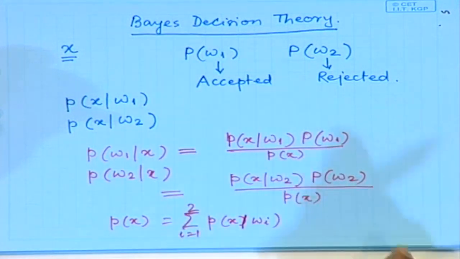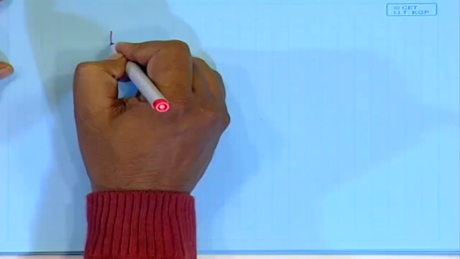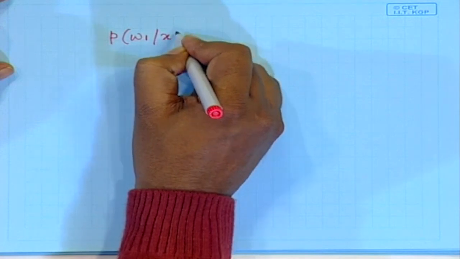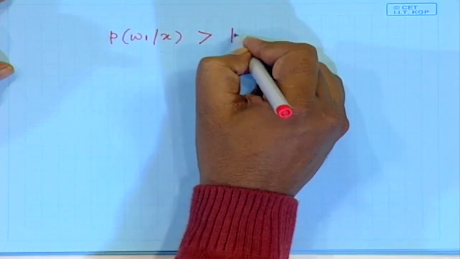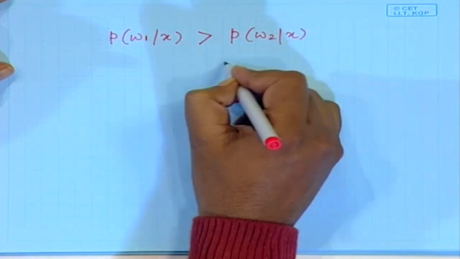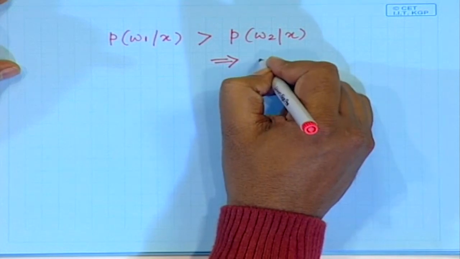So, this is what we get from Bayes rule, and then our decision was like this: if p of omega 1 given x is greater than p of omega 2 given x, then we decide in favor of class omega 1.